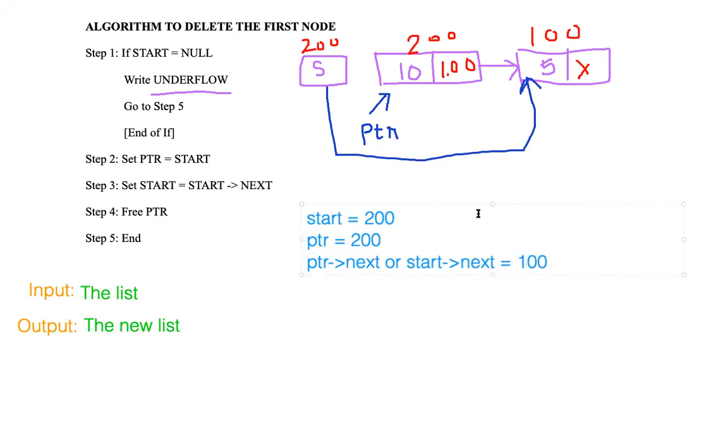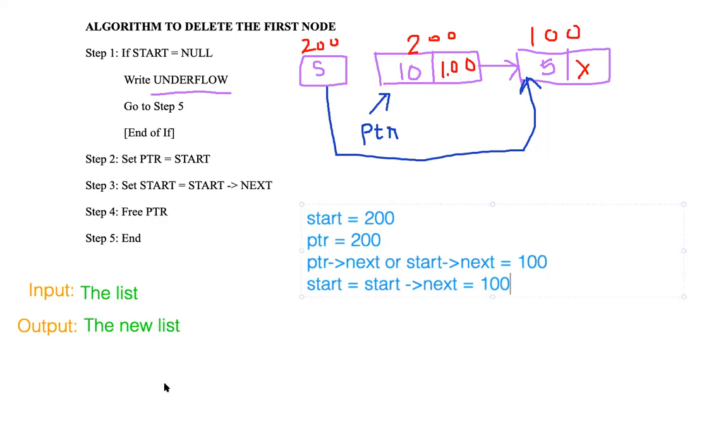And 100 means start. So if I write start equals start arrow next, that means I want to point it to 100. So that's why this link. Once I do this, I can free PTR.